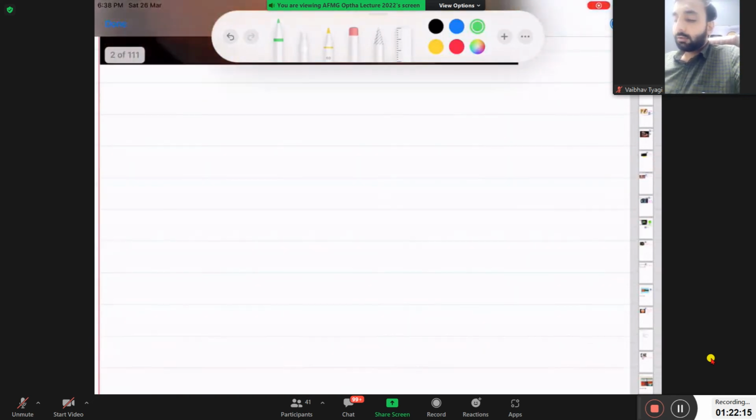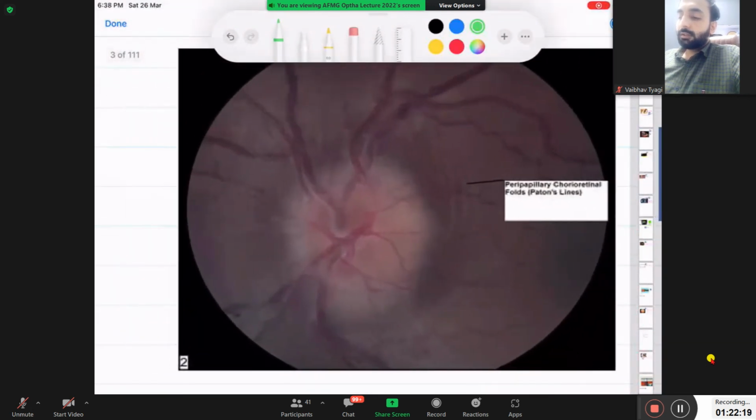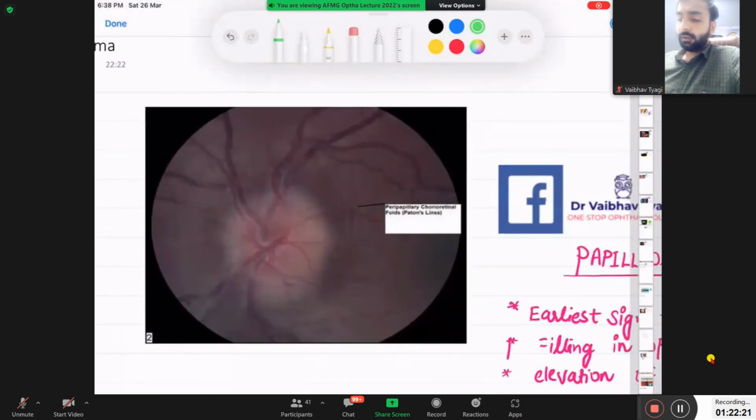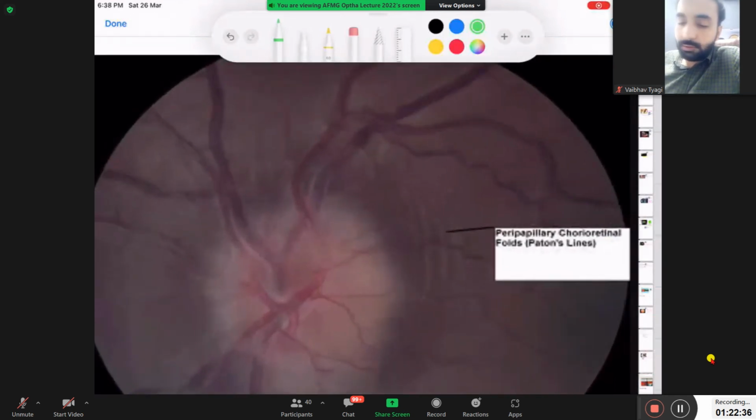Okay. Now coming to the next picture. Is the optic disc normal? What changes do you see in this optic disc? See, this is severely inflamed. This is more red. This is a severely congested optic disc. Can you see the vessels are very tortuous? Can you appreciate that the disc margins are very blurred?